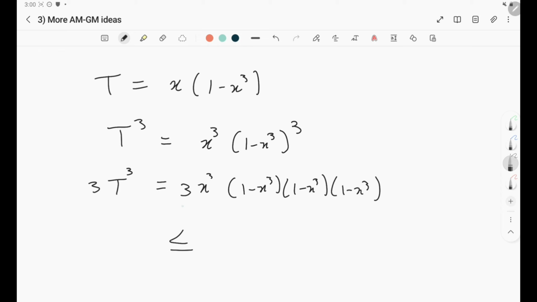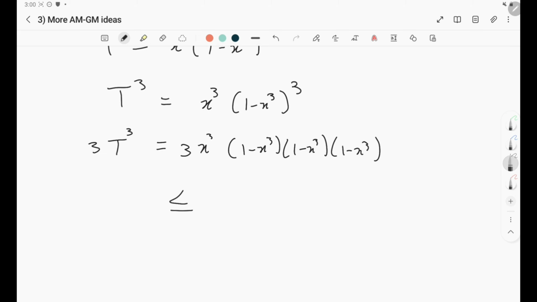Of course, we'll apply AM-GM on 4 numbers: 1, 2, 3, 4. So let's do that. We'll have 3x cubed plus this plus this plus this. The x cubed will cancel, and we'll just have 3 here. But of course, you need to be careful. If we're applying it on 4 numbers, the version is: a plus b plus c plus d over 4 is greater than or equal to the fourth root of abcd.